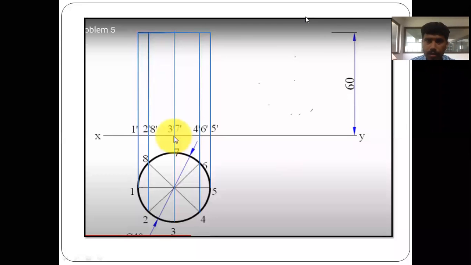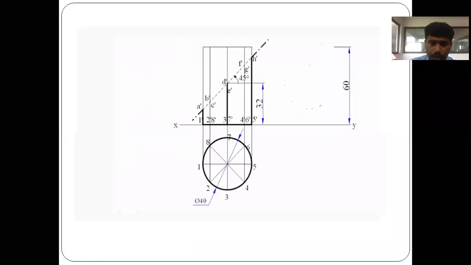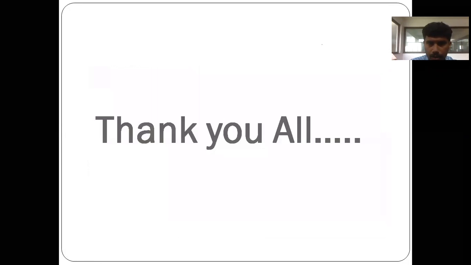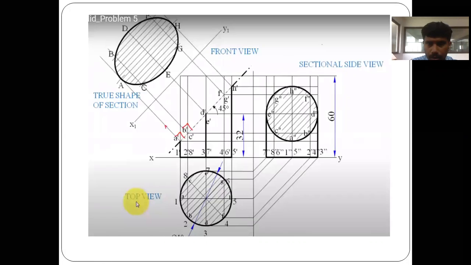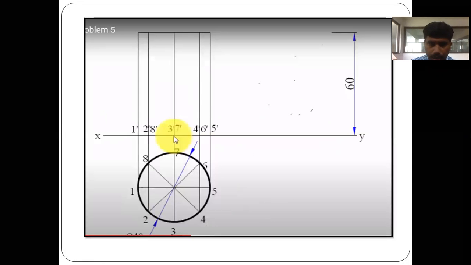Okay. So next, once it is done, so here it is.